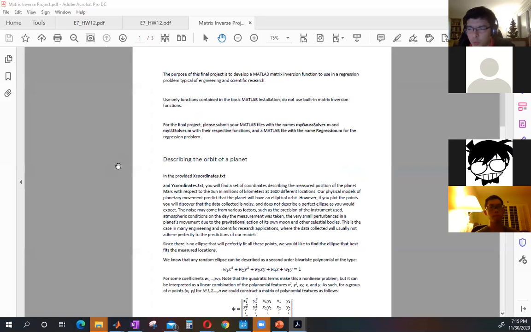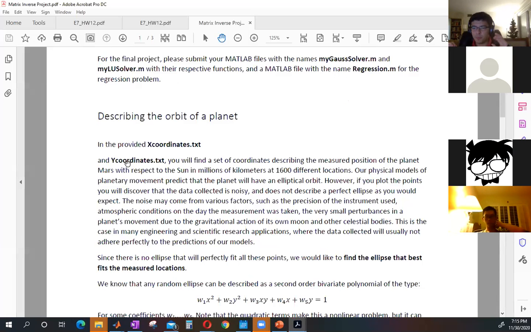Okay, so what we want you guys to do is to apply these to be able to describe the orbit of a planet. We will be providing you with two data files, x coordinates and y coordinates. Those are a set of coordinates that describe the position of planet Mars in millions of kilometers.